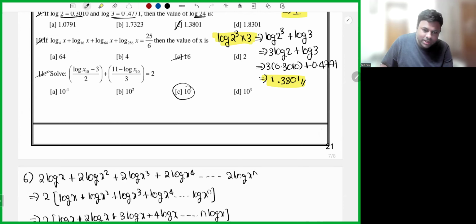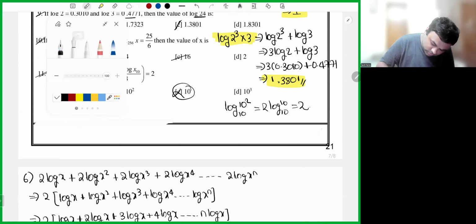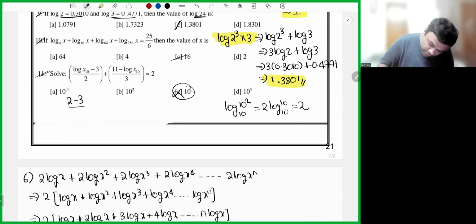Let's substitute option B, 10 square. What is log 10 square base 10? 2 log 10 base 10, which is equal to 2. 2 minus 3 by 2 plus 11 minus 2 by 3.